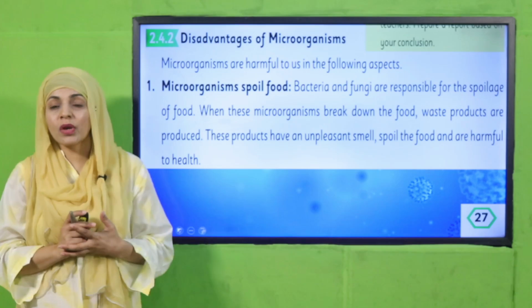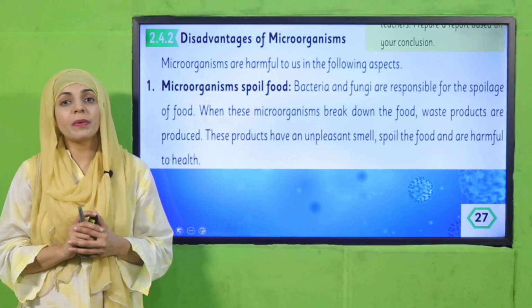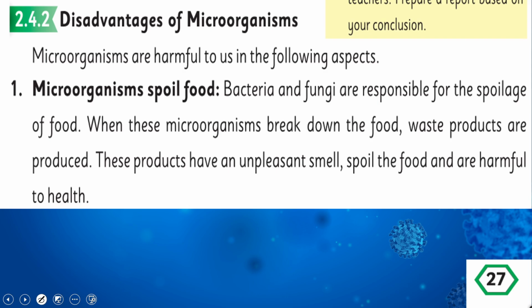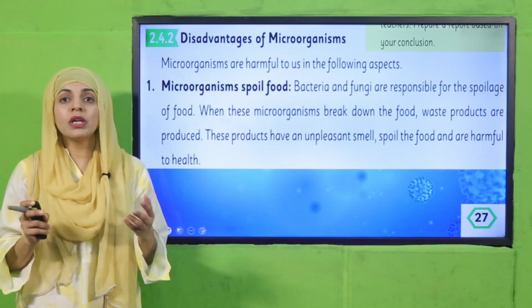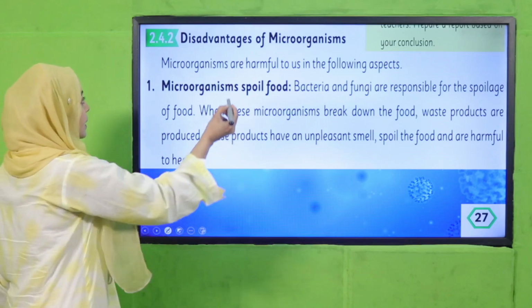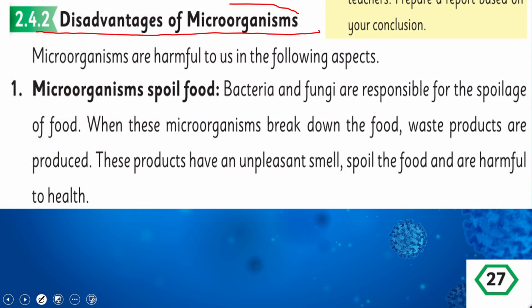So, my dear students, I request you all to please open page number 27 in your Science 5 books. Very good. Let's start the reading. Put your fingers where I will read. Disadvantages of microorganisms. As you know, we have already discussed the advantages of microorganisms. Today we will discuss the disadvantages.